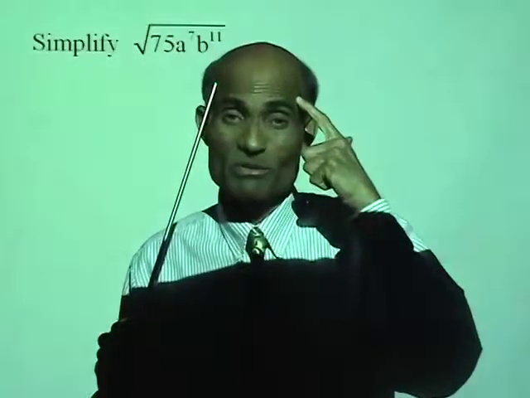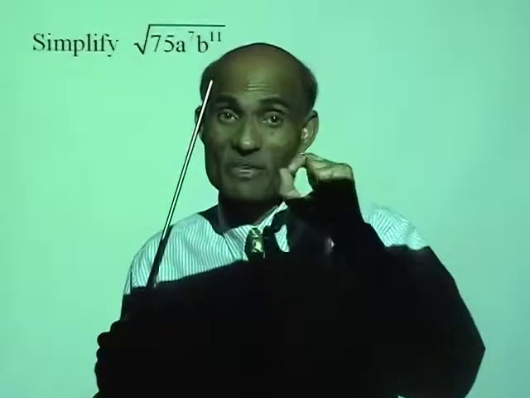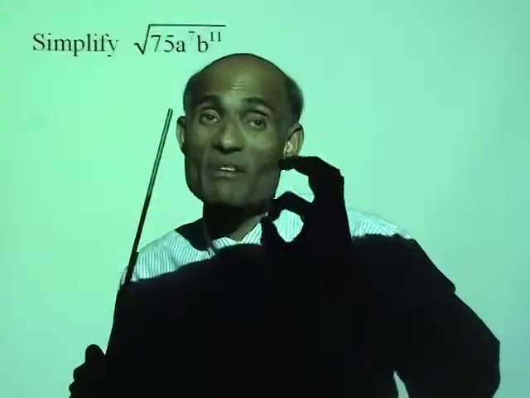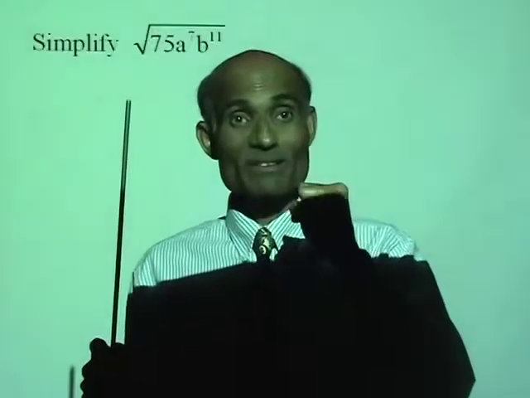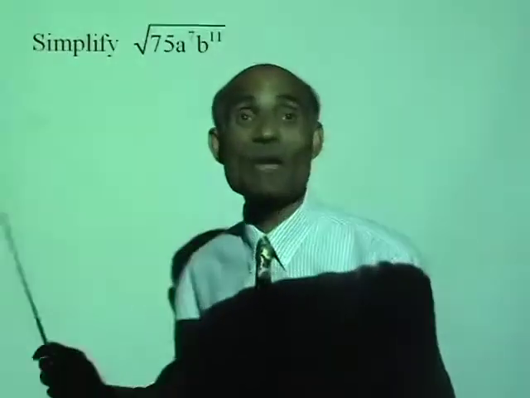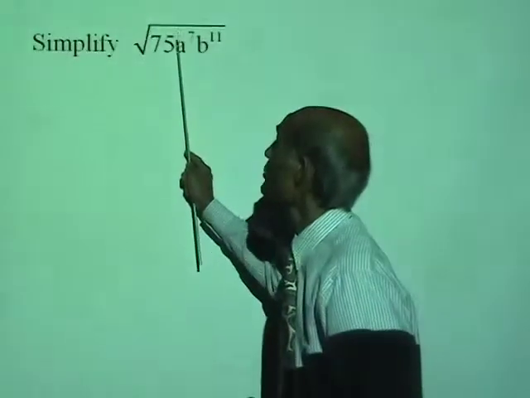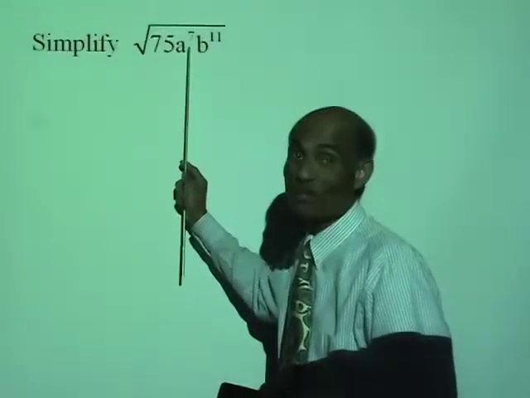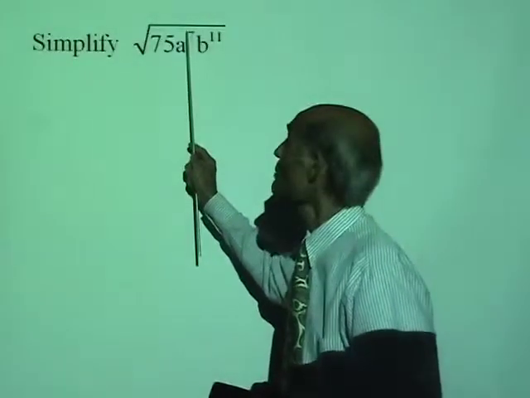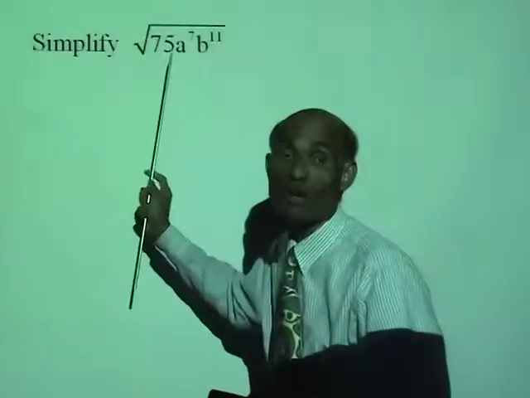Alright, can I help you? Yes? 75 is 25 times 3. Isn't 25 a perfect square? Yes. Okay, in that case you can help me with this. A to the power of 7 is not a perfect square. Why? Because the exponent is odd.